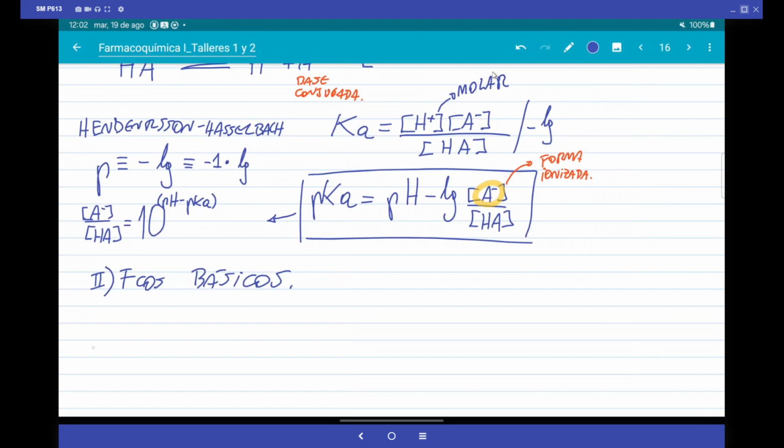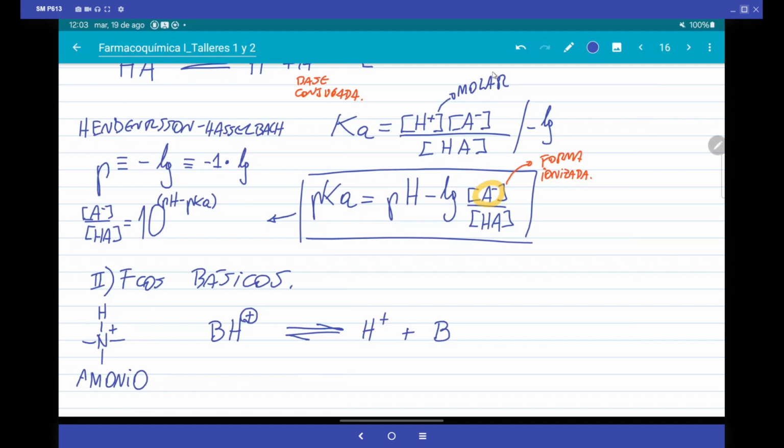We start with a structure of type NH+, an ammonia-like structure, which at a generic level we are going to abbreviate as BH plus, basic protonated with positive charge. This is my starting point. This is my acid. Now it releases the proton, and therefore we have a proton and the drug in a neutral state. Then the drug in a protonated state has a dissociation equilibrium, so to speak.